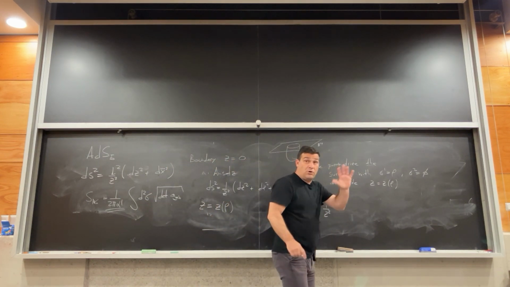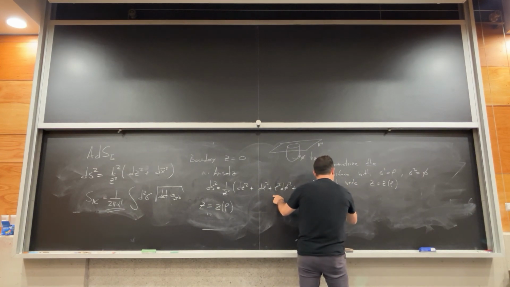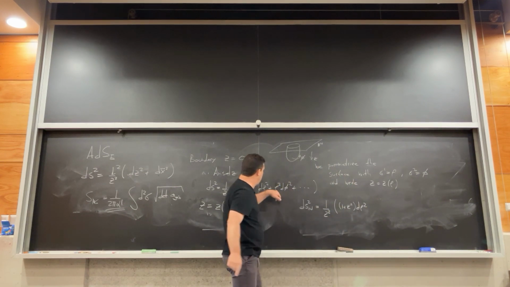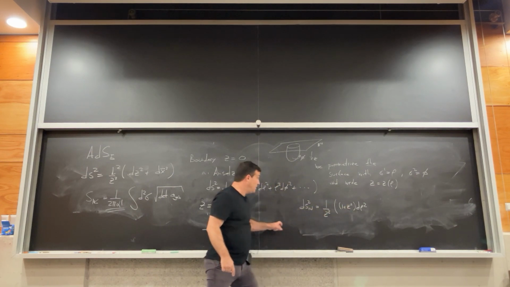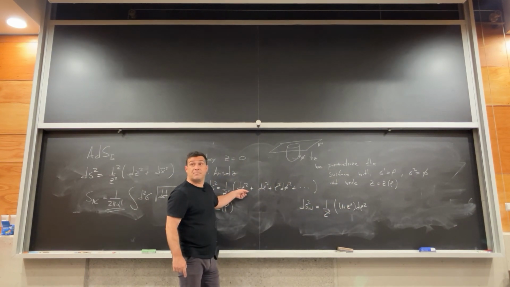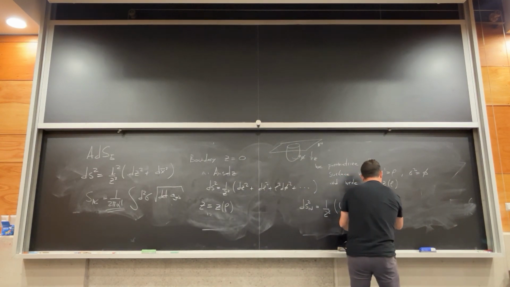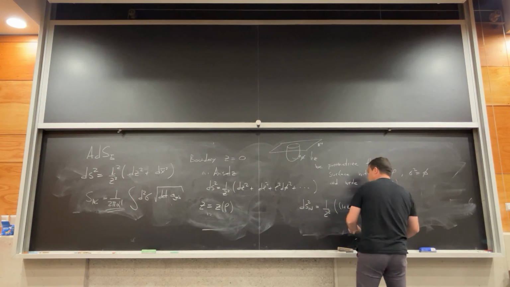So z is no longer a coordinate, it's some function of rho, times 1 plus z prime squared d rho squared. So the 1 comes from this term, and the z prime squared comes from this term. Right? So dz is z prime times d rho, plus rho squared d phi squared.